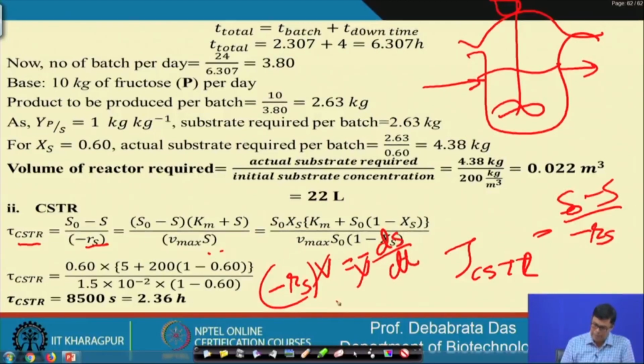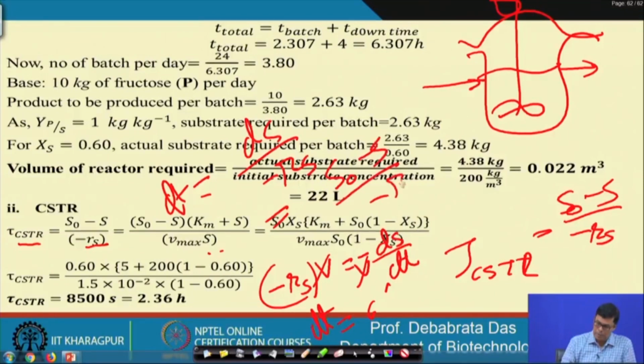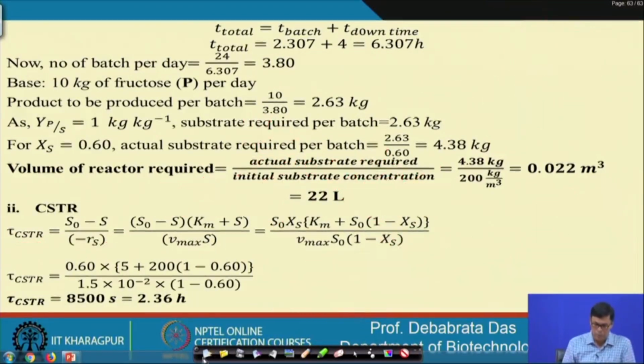This V will cancel. So what we will be having is, I can write dt equal to dS by minus rs, and this is S0 minus S by minus rs. So there should not be any confusion how it has come. This is how it has come.